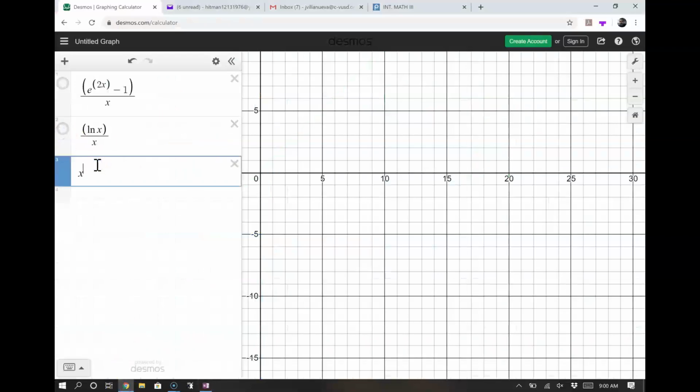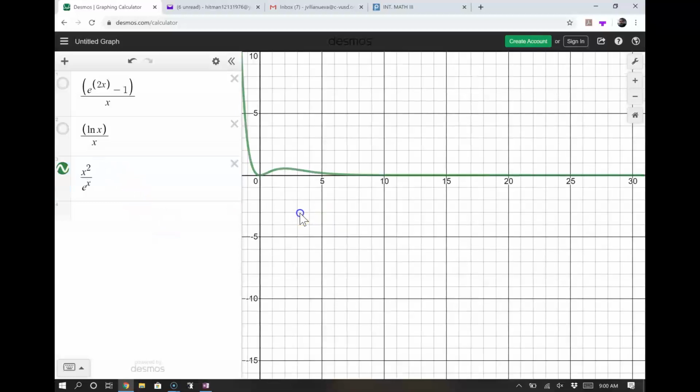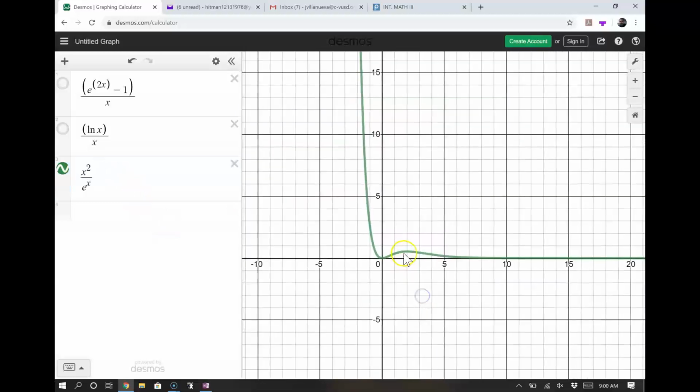So we're doing x squared over e to the x. So there's our function. So as we go to negative infinity, okay? I forgot which way we were going, but yeah, negative infinity. So here we go.